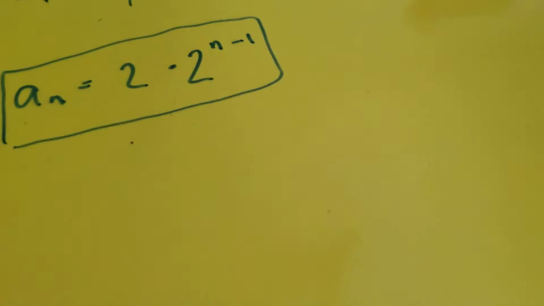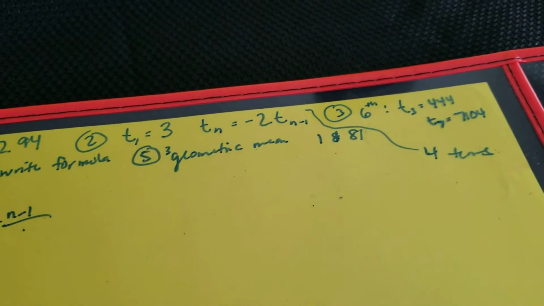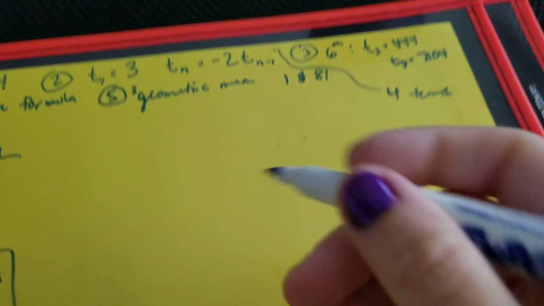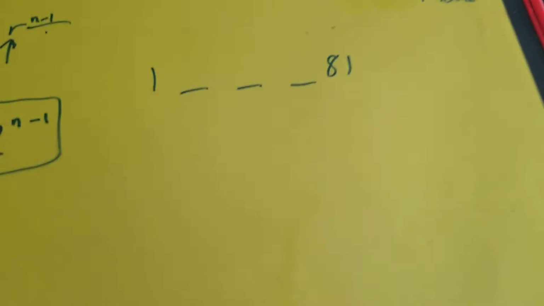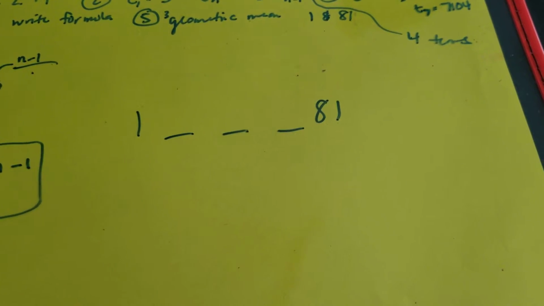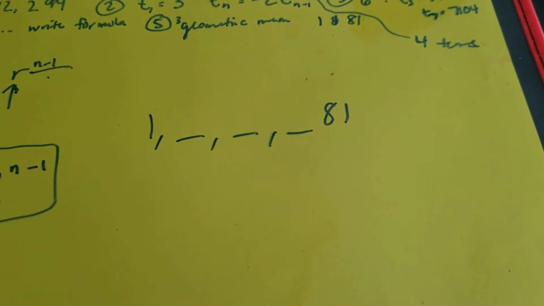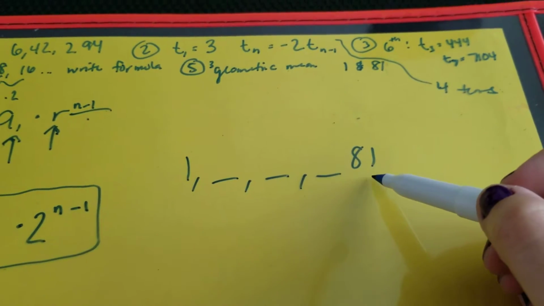Okay. Number 5 that we're going to talk about is the geometric means. So here we basically have 3 terms in between 1 and 81 that we need to figure out. So we know what the 1st term is and we know what the last term is.